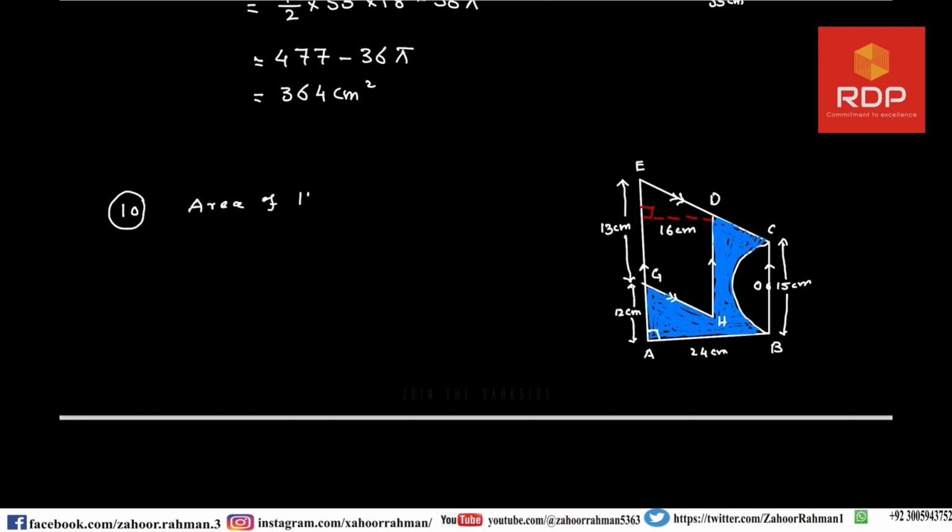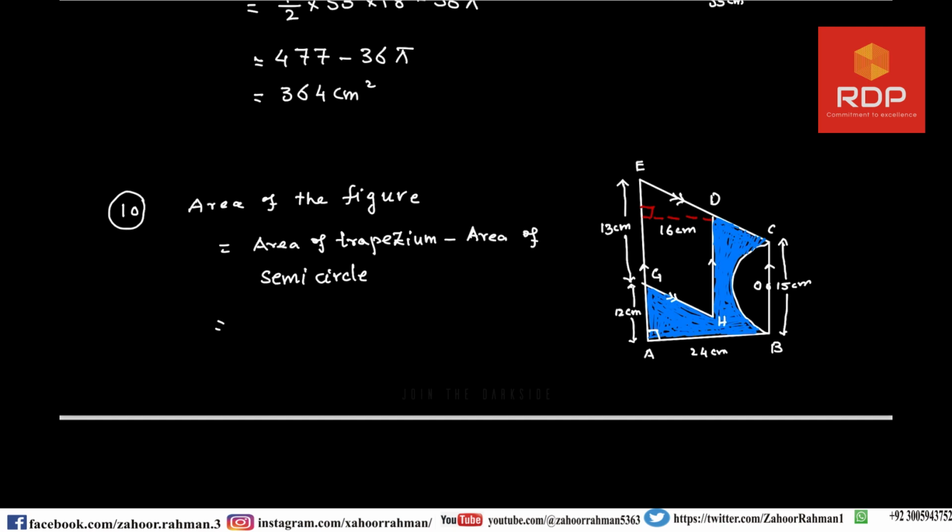Area of the figure is equal to area of trapezium minus area of semicircle.